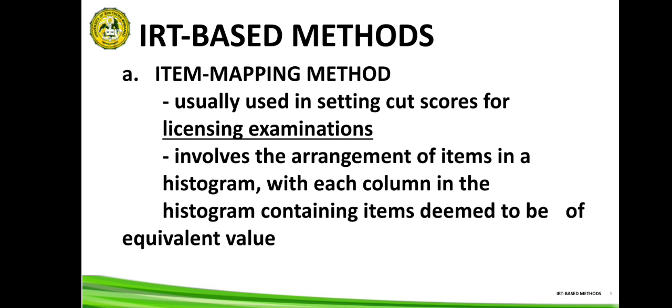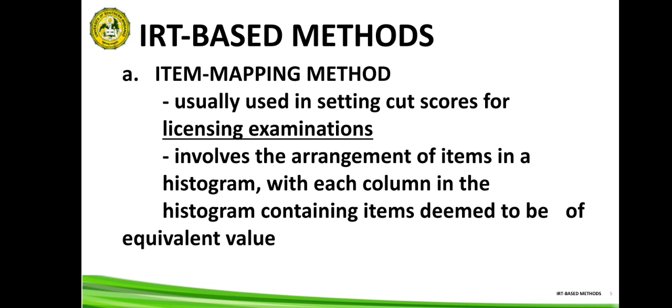The judges who are to decide whether or not an item can be set as the cut score should have an idea of the competence that a test taker should have.